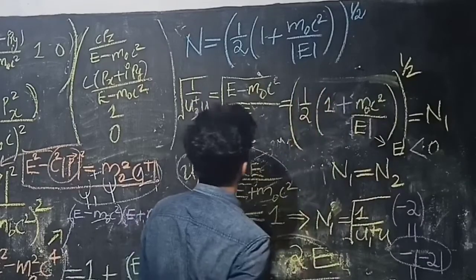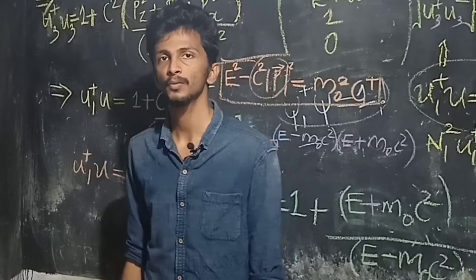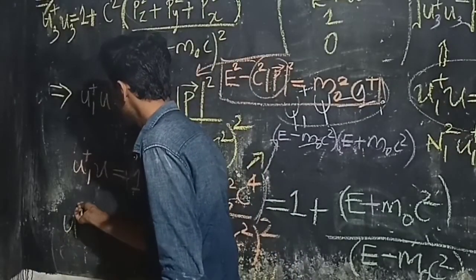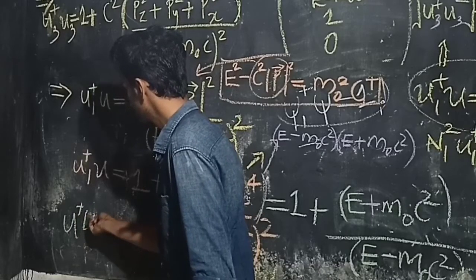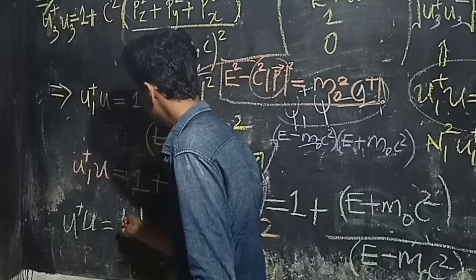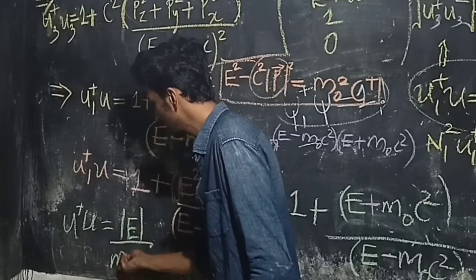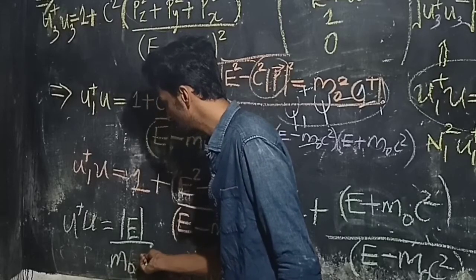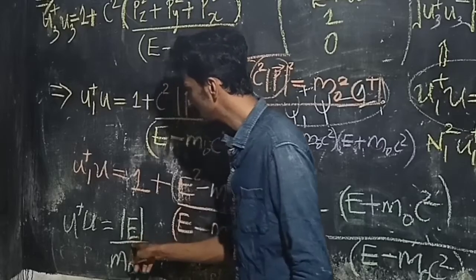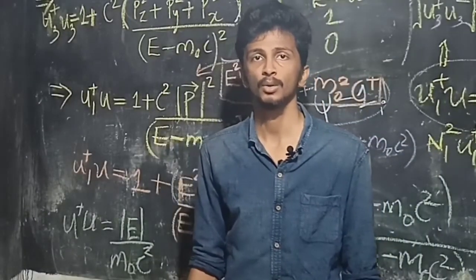And here the energy can be negative as well as positive. There is another type of normalization scheme also, in which u diagonal u is equal to mod E over m naught c square. You can see this normalization scheme in J.J. Sakurai's Advanced Quantum Mechanics book.